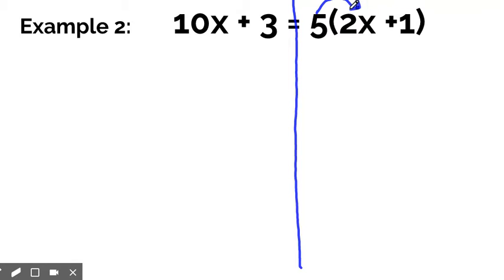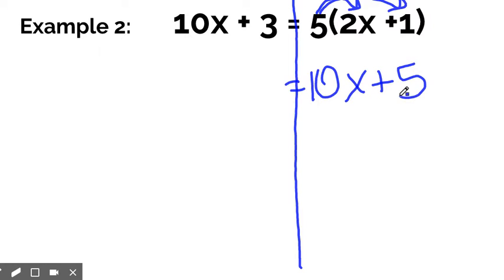So if I do 5 times 2x, that gives me 10x. And then if I do 5 times 1, that gives me a positive 5. On the left side, we can go ahead and bring that down the way it is. So 10x plus 3.